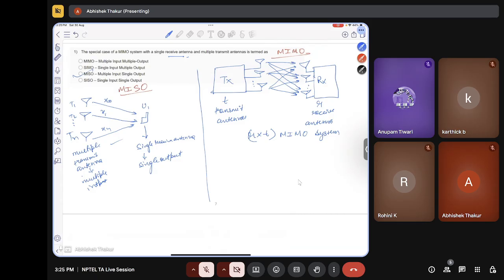As we have seen, Y is equal to Hx plus N. So here what is our X? X denotes the symbol transmitted.